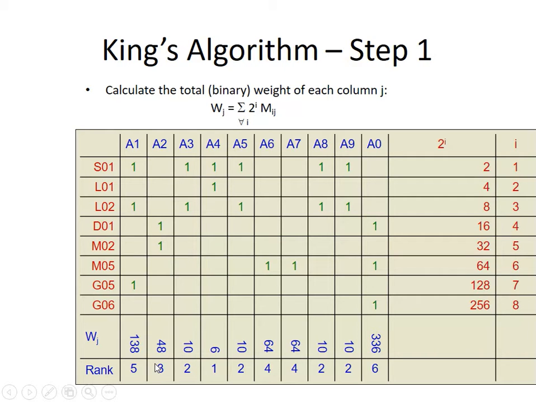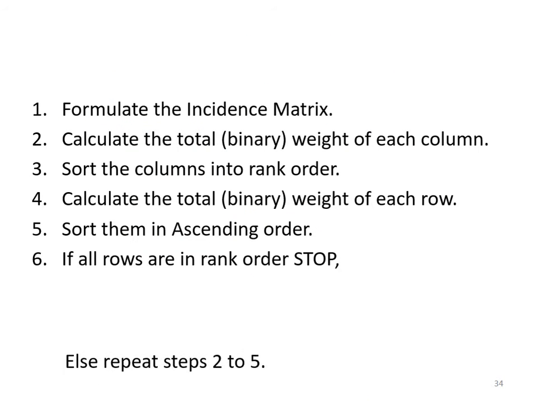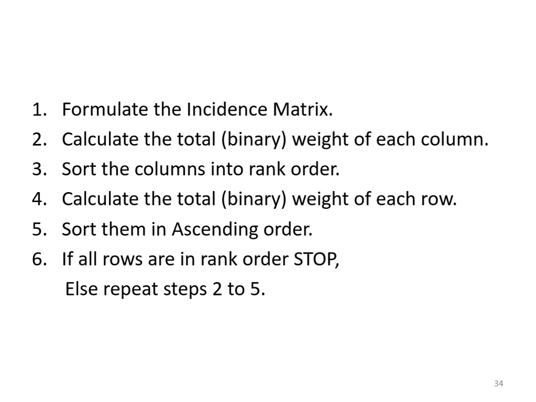Based on the number, we sort out the rank of this Wj value, and after sorting, the lower value gets the lower rank. Column-wise we have sorted, each column is interchanged, and we got this particular cell with respect to the rank. Next, according to the steps we are following: first we formed the incidence matrix, and we calculated the binary value of each column.